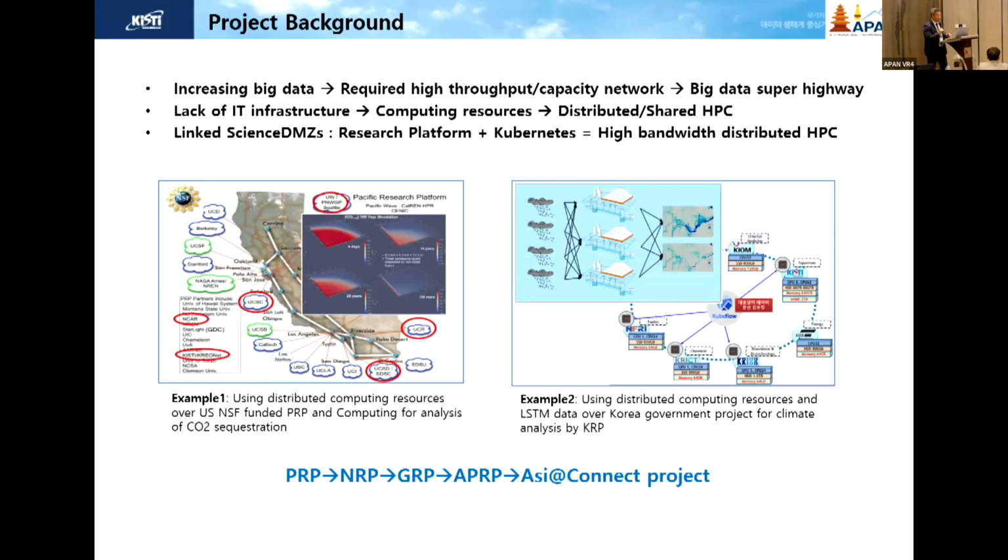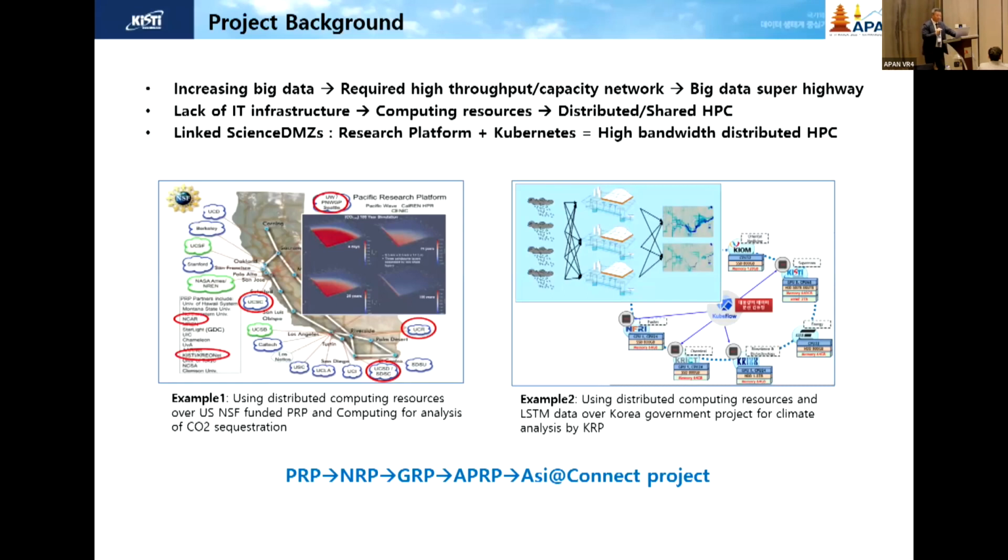Figure two shows urban flooding research using distributed computing resources and science data for LSTM, the analysis method for climate analysis. The infrastructure links the distributed platform and many Korean research institutes through the National Research Network, whose name is KREONET. The participating institutes share the HPC resources for the researchers.